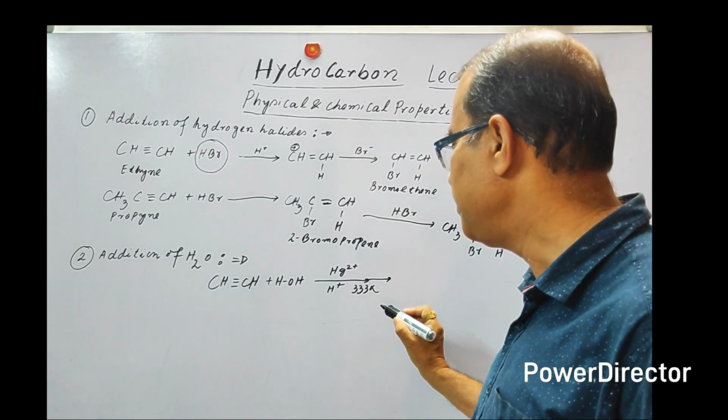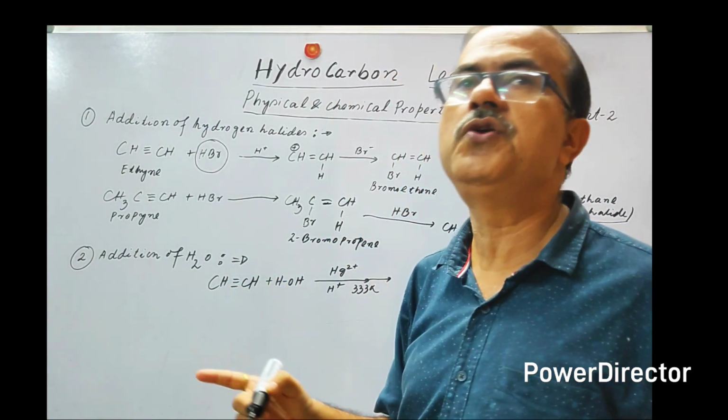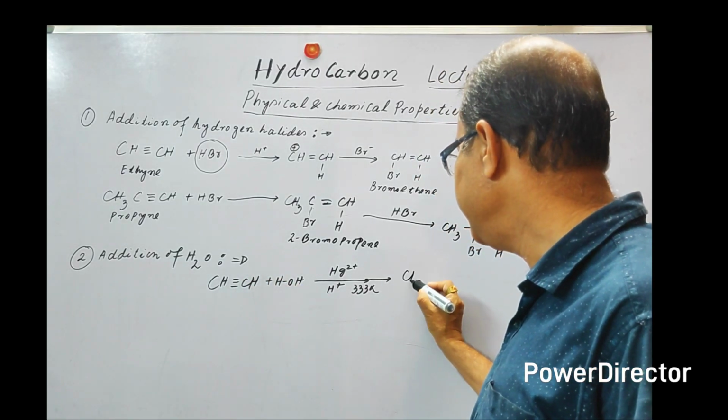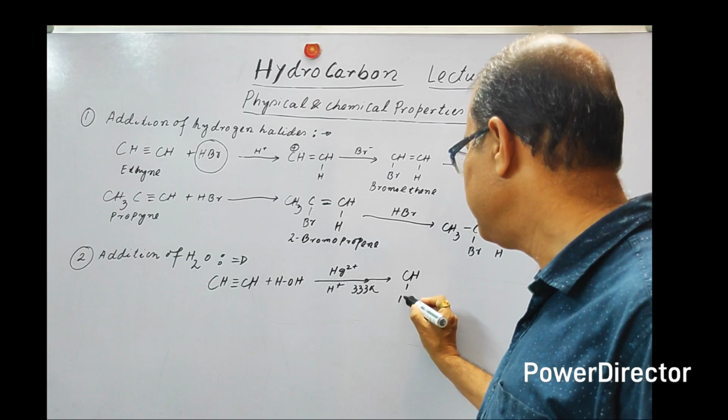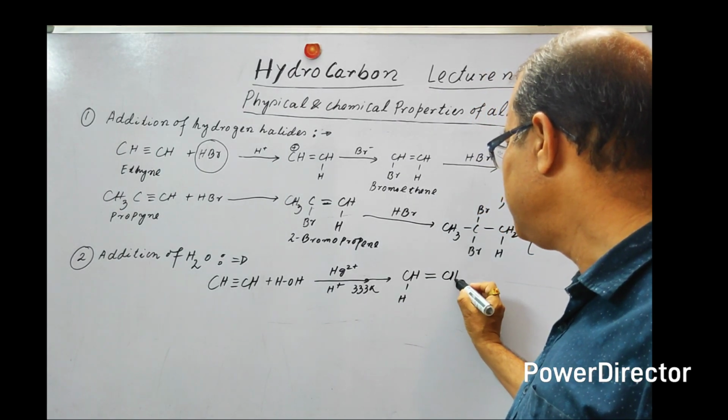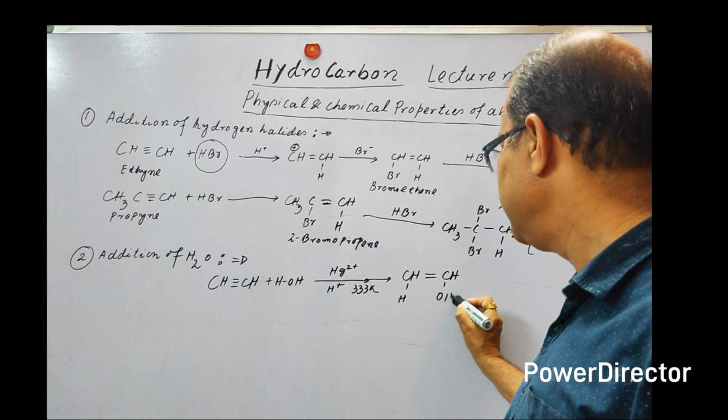At that time what is going to happen, it is also going to follow the Markovnikov rule. So at that time you can find that on one of the carbon atoms hydrogen will be there and on another carbon atom OH will be there.